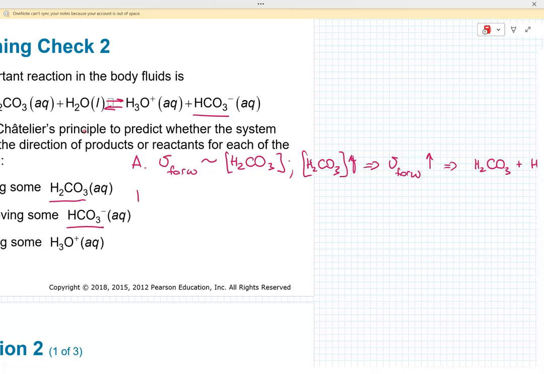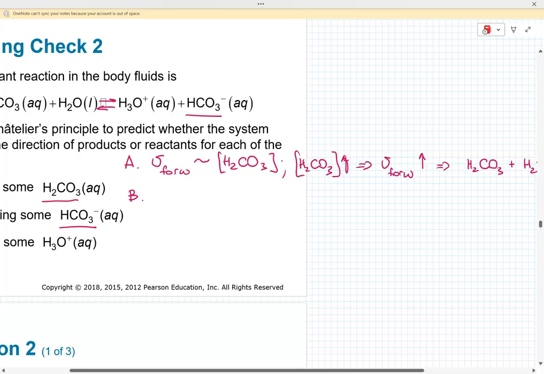Now let's talk about B. Bicarbonate is a product. Agreed? Okay, so when we look at the products, we immediately look at the reverse reaction. Does that make sense or not? Yes? Okay.